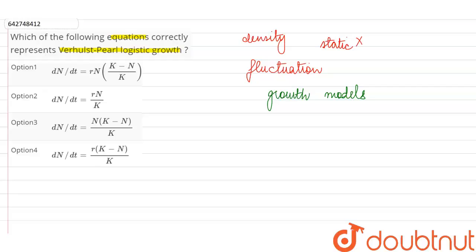Now what happens in logistic growth? Here we consider that the resources in the habitat are limited. So the population is not having unlimited resources, unlimited food and space at its disposal, and the organisms have to struggle and compete among themselves for these limited resources. Now what is going to happen in such a case?